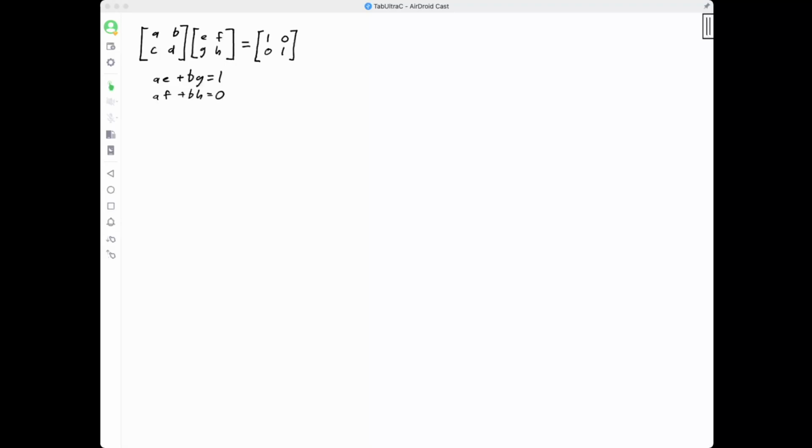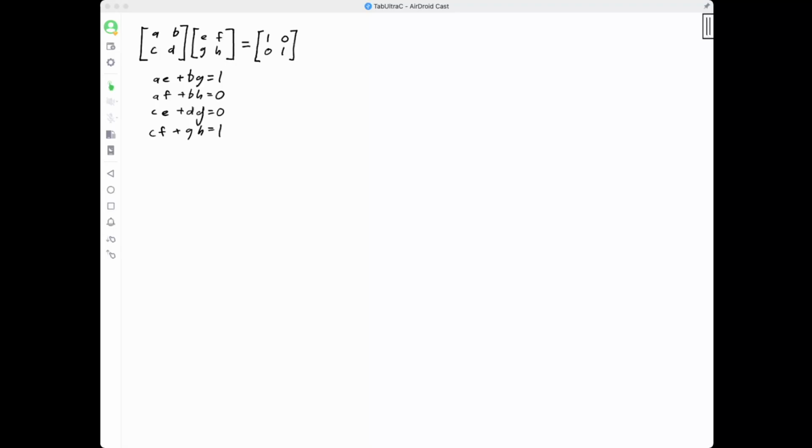Across the second row and down the first column, CE plus DG has to equal 0. And finally, CF plus DH has to equal 1.